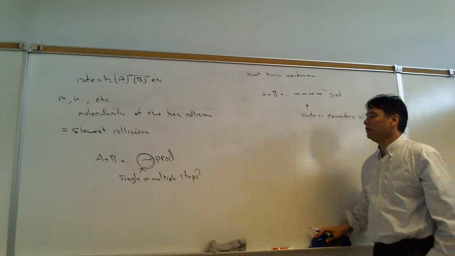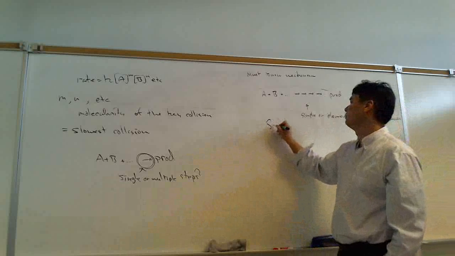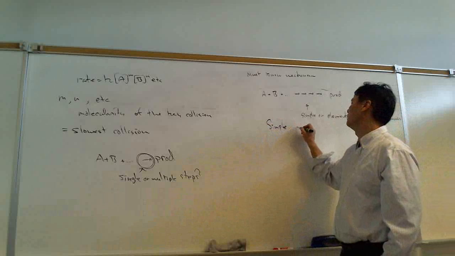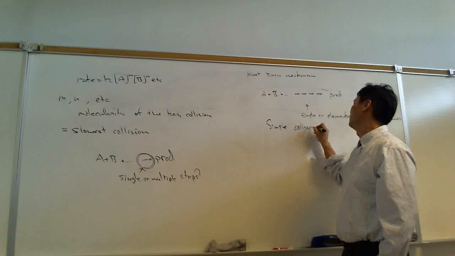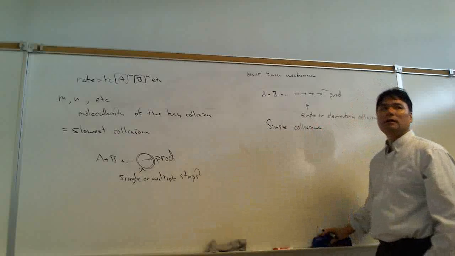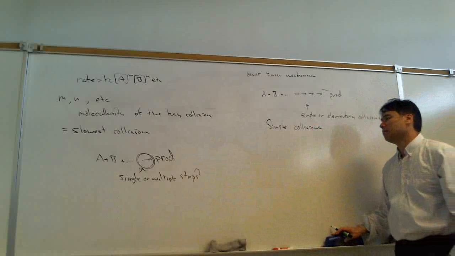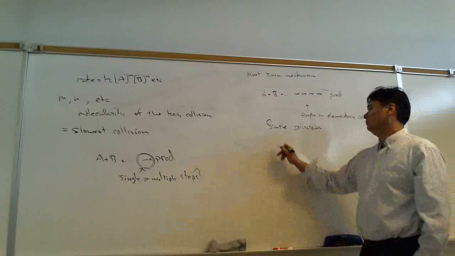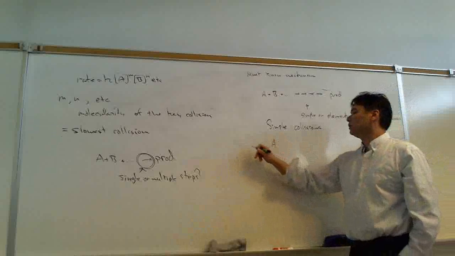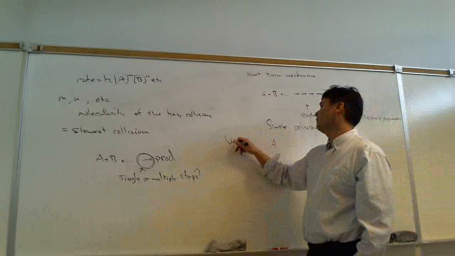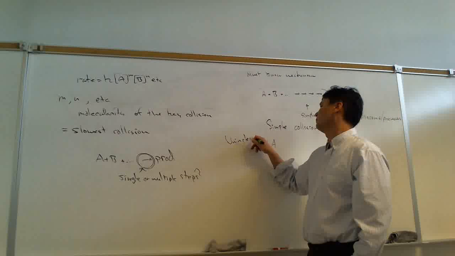And if we look at these simple collisions, then the order is very easy to determine. So we have different kinds of collisions. We have something called unimolecular.